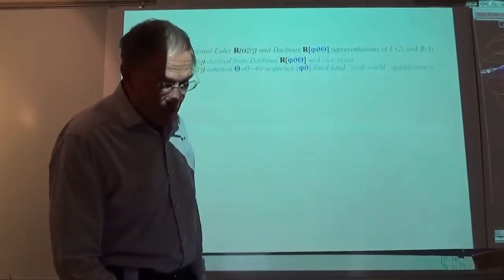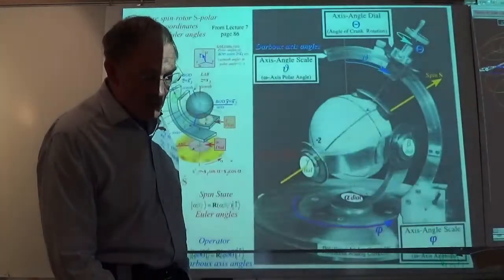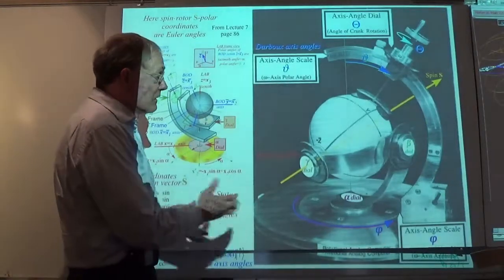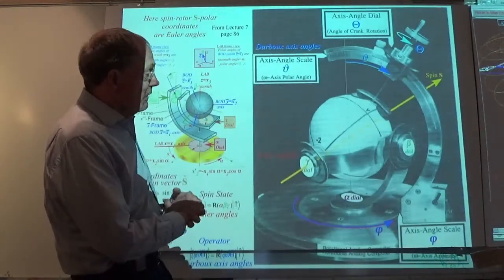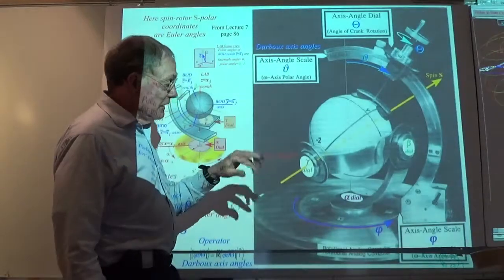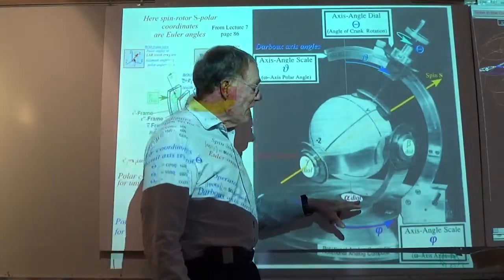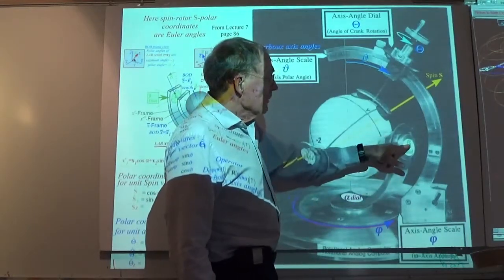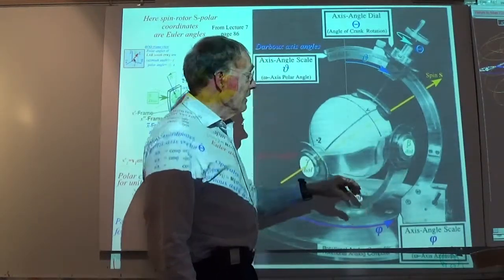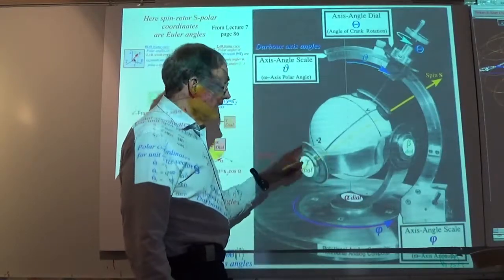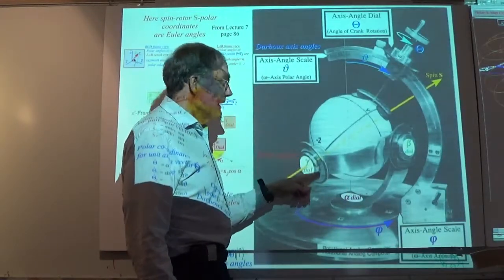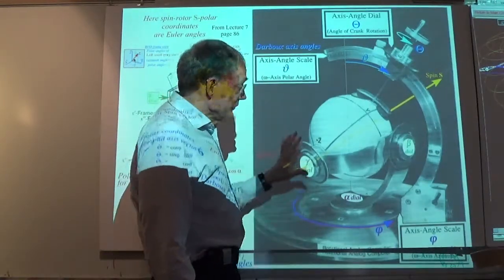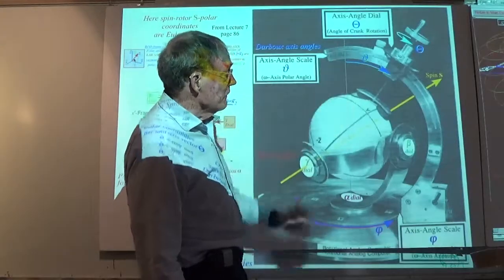So let's quickly review what we did last time, and that was make a comparison and in fact a set of formulas that related the Euler angle azimuthal alpha, the polar angle beta, and the inside twist angle, the gamma azimuth, as seen by the rotated frame.